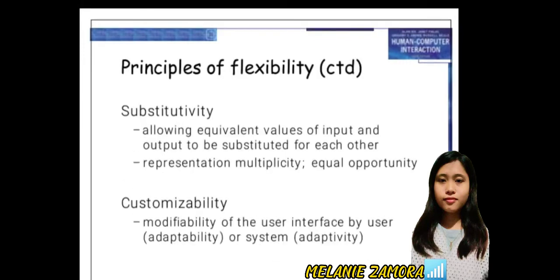And we have substitutivity: allowing equivalent values of input and output to be substituted for each other. And representation multiplicity, and equal opportunity. We have also customizability: modifiability of the user interface by the user, adaptability or system adaptivity.